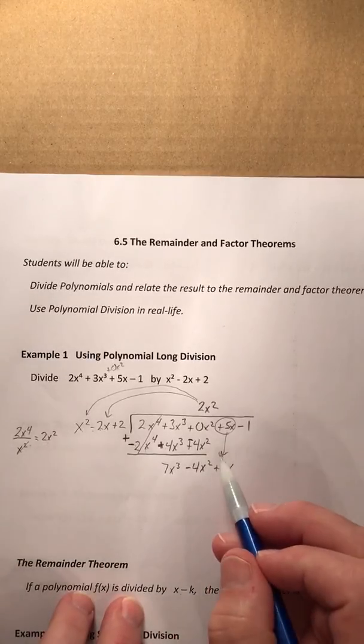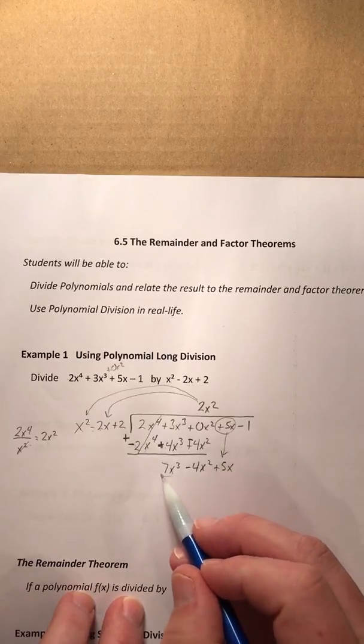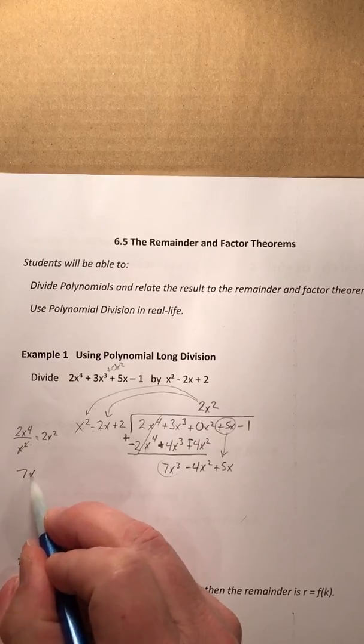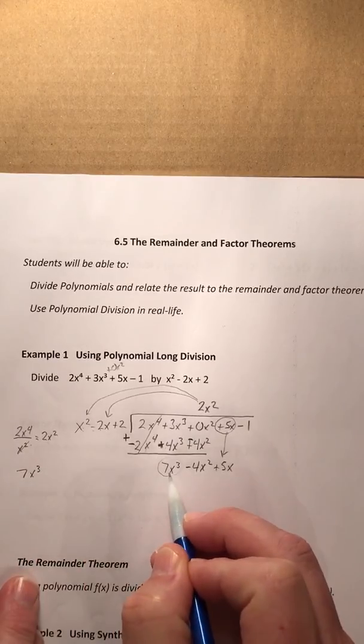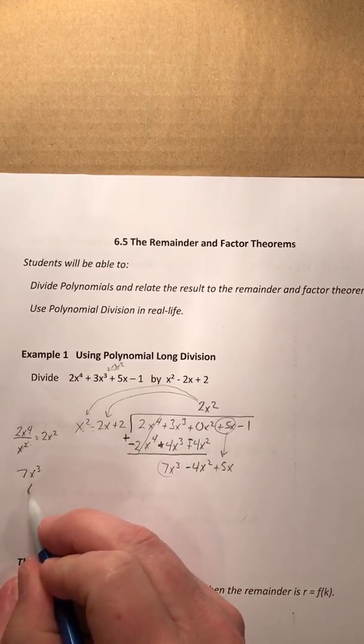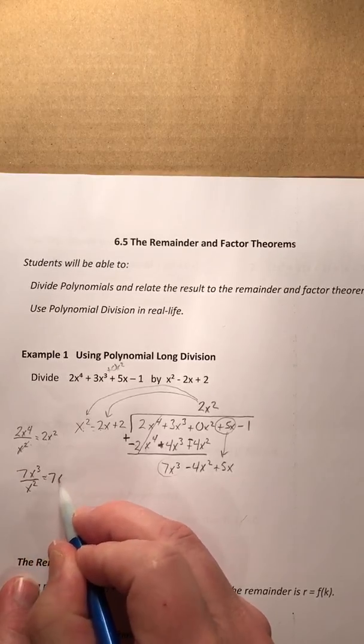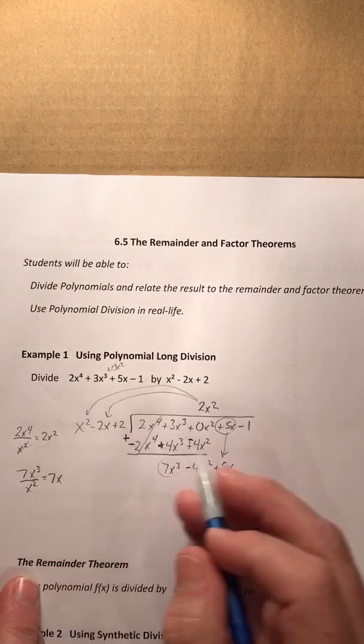Now we're going to start over again. We take our first term and divide it by our first term. So we take our 7x to the third, the first term here, and divide it by x squared, and that leaves us with a positive 7x.